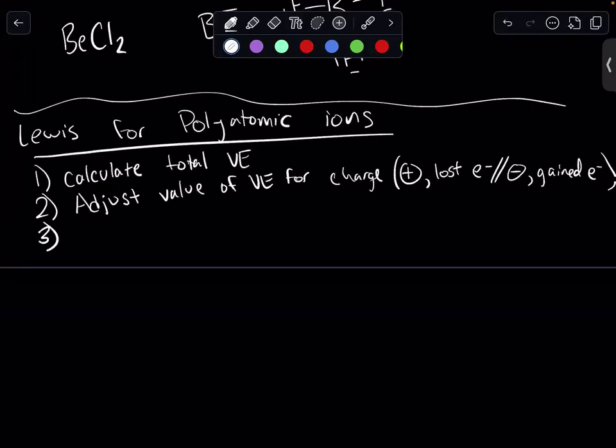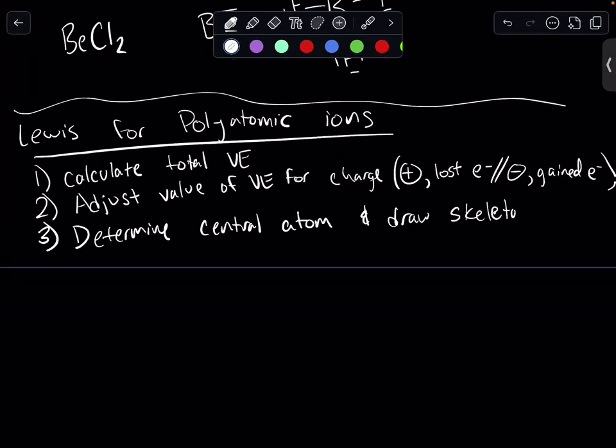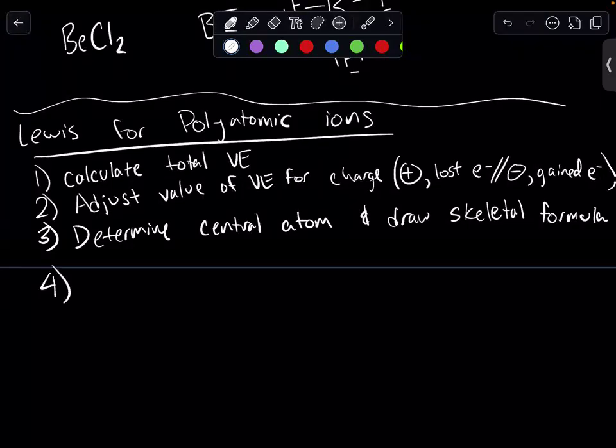Then step 3, back to what we know, determine central atom and draw skeletal formula. So we're back to doing what we know. Step 4, we're going to add remaining valence electrons to fulfill octet.